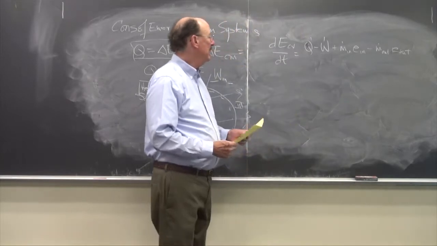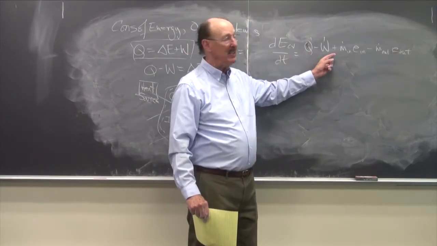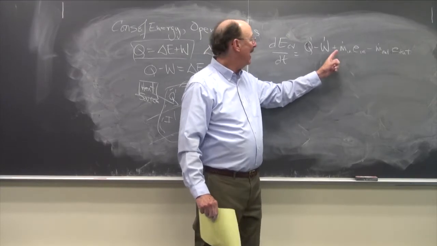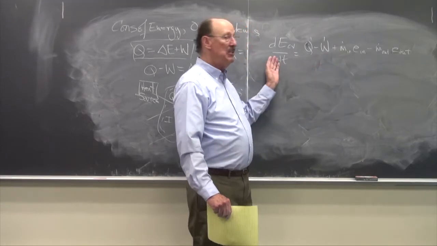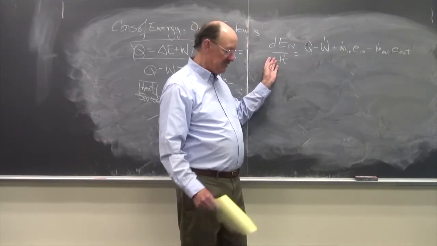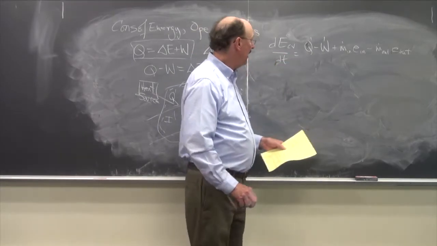So this is the general expression, and I can have multiple things going in and multiple things going out, I could have a summation here if I wanted to. But this is a simplified form. So this is unsteady. If I want steady state, then I can get rid of this term, which we'll do in a while.